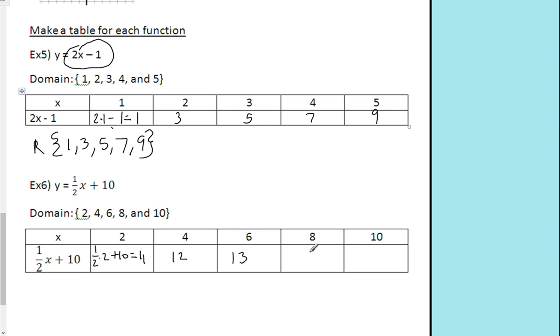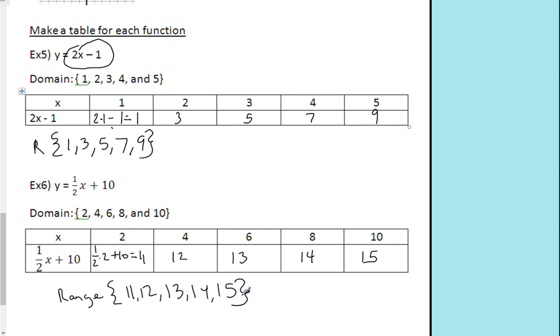Half of 8 is 4, plus 10 is 14. Half of 10 plus 10 is 15. All right? So my range is 11, 12, 13, 14, 15.